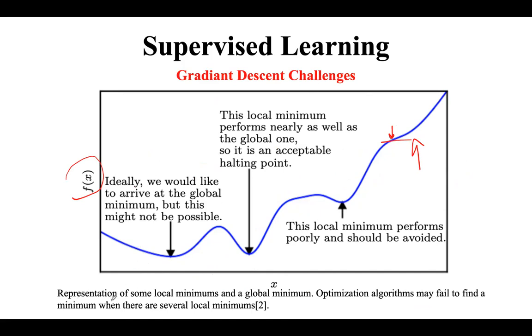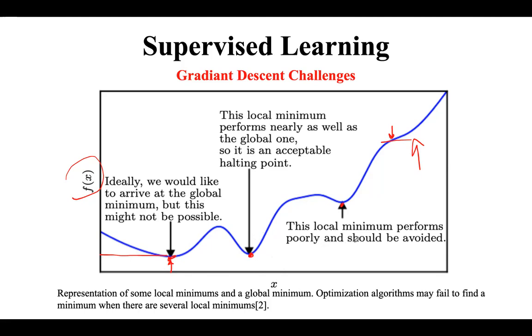You can see here a representation of local minima and the global minimum. When we say global minimum, it means this one: there is no point in the function which has a smaller value of f. This value of x gives the smallest value of f, and it is called the global minima. But we also have other minima, here and here, which are called local minima.